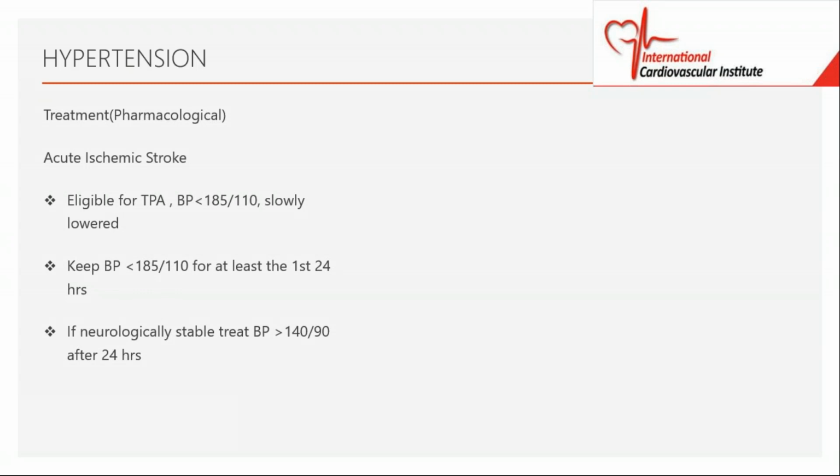If the patient presents in an acute fashion and the patient is eligible for TPA, so if it's an acute blood clot, we can use clot busting medicines to break up the clot. If we bring the patient in early enough, we can use clot busting medicine, break up the clot, and the patient will suffer minimal deficit.